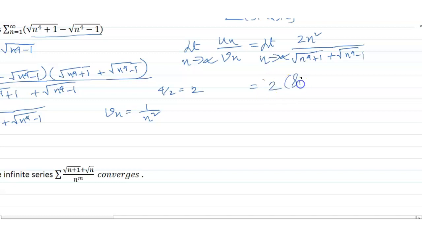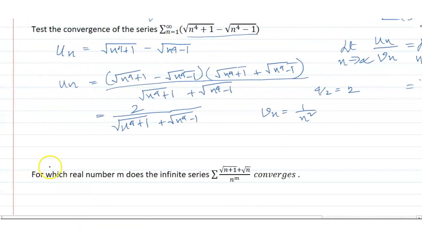So it is a finite term. Whatever we get, this is the finite term, and summation Vn is convergent.